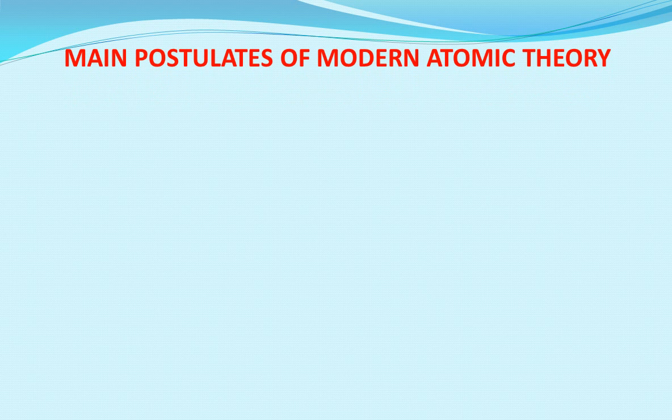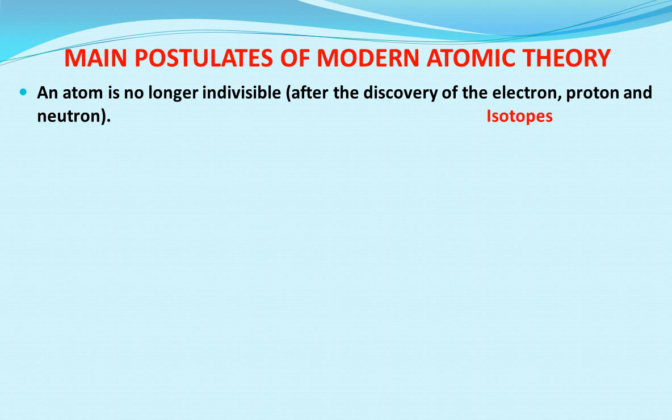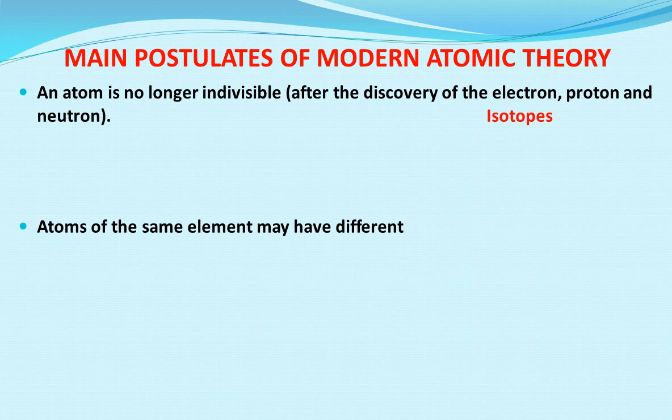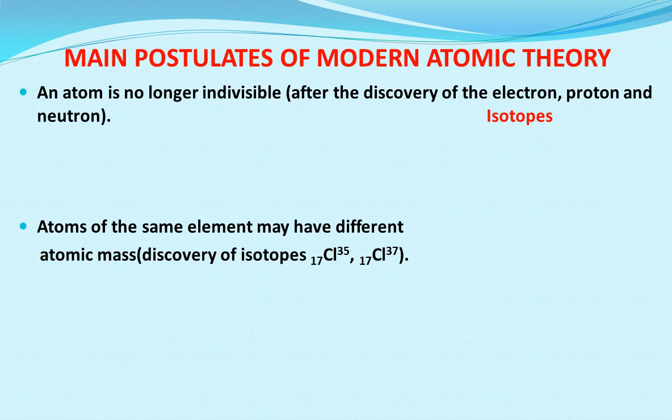Main postulates of modern atomic theory. The first postulate is that the atom is no longer indivisible. The second point: atoms of the same element may have different atomic mass. That means the element is the same, but the mass number is different. Chlorine has the same atomic number, 17, but the mass number is different. Chlorine has isotopes.